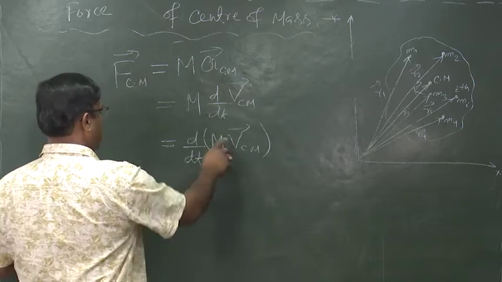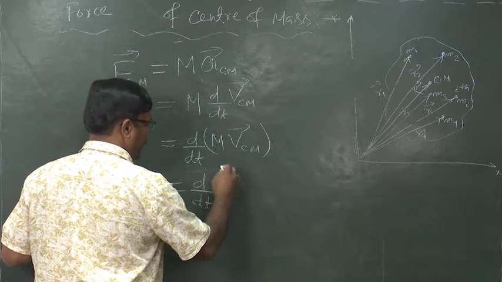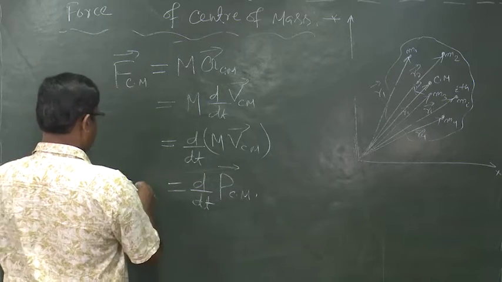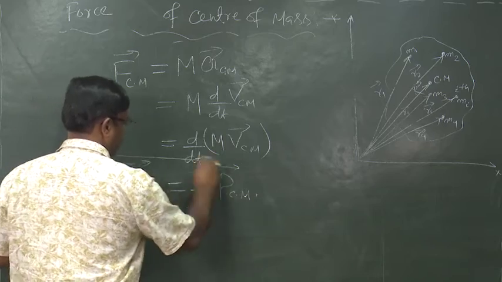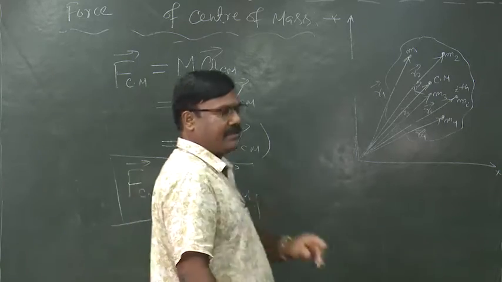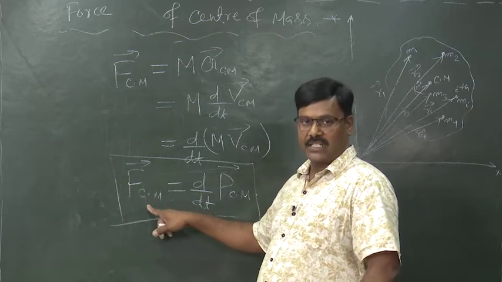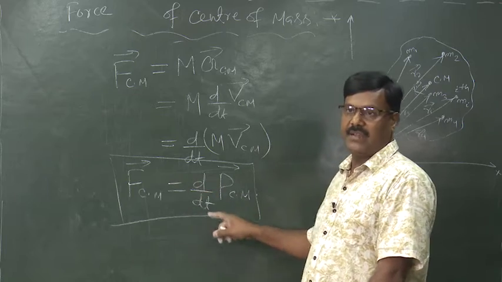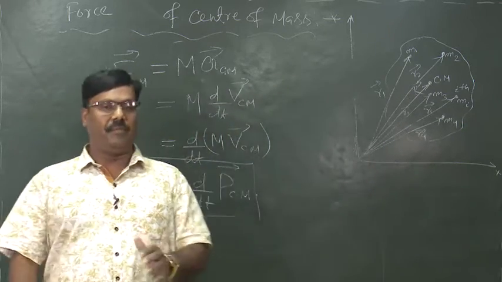So, this can be written as d by dt of P center of mass, where the left side represents the F center of mass. Thus, we can express the force acting on the center of mass of a system of particles as the time derivative of the momentum of its center of mass.